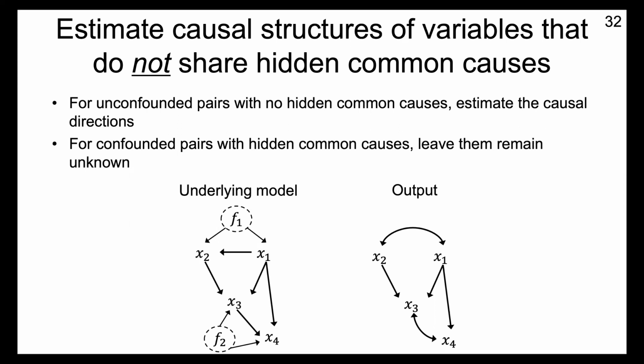Then for unconfounded pairs with no hidden common cause, like X1, X4, we estimate the causal direction like this. And for confounded pairs with hidden common causes like X1 and X2, we leave the relationship to remain unknown like this. We connect them by this kind of bidirected edge here.